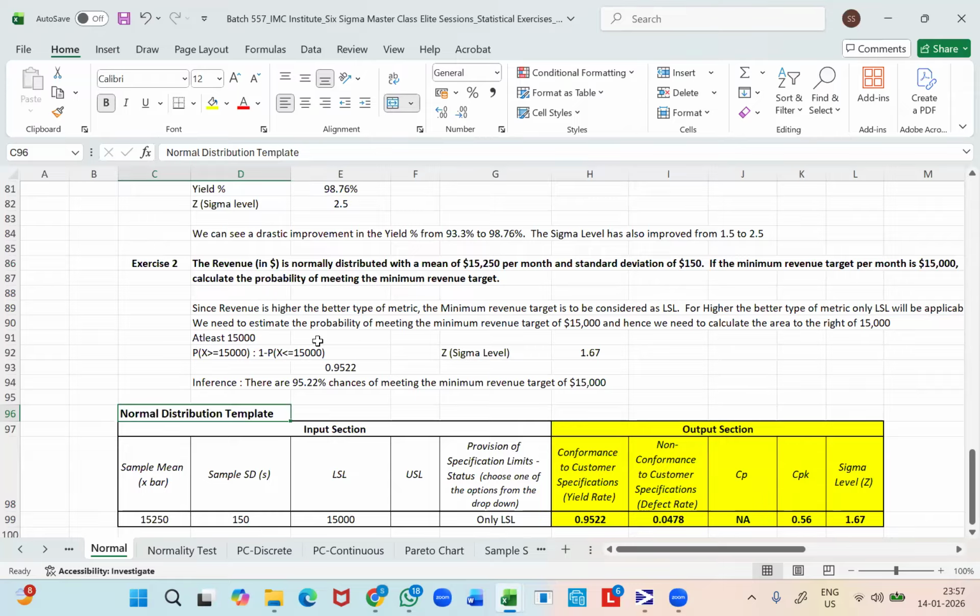And in the binomial distribution exercises, the historical performance will be given in terms of the proportion of a binary discrete event, and we'll also be provided with the sample size. This is very, very important, right? Because sample size will be in the denominator if you want to calculate the proportion value. So sample size is a very important input value as far as binomial distribution is concerned.